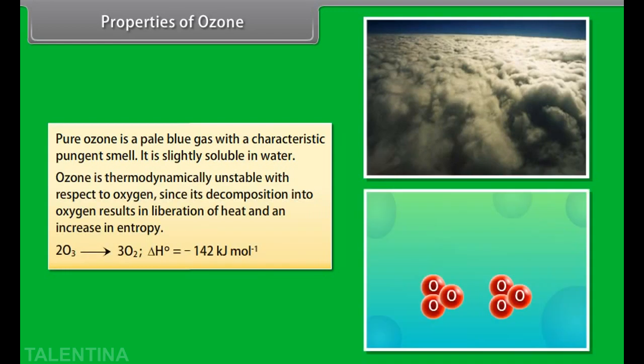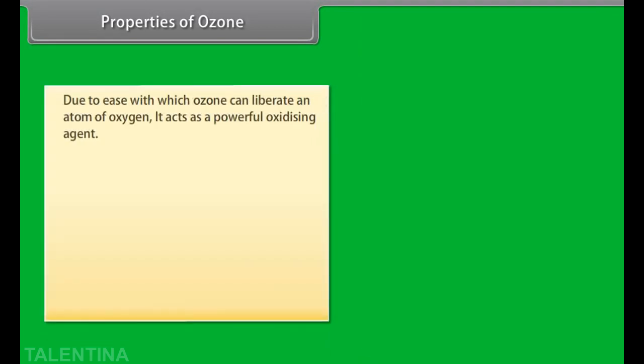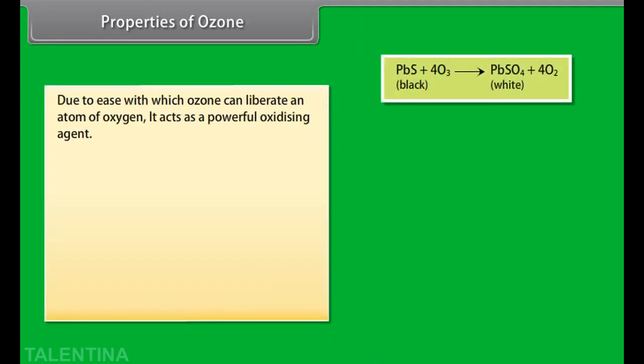Ozone is thermodynamically unstable with respect to oxygen, since its decomposition into oxygen results in liberation of heat and an increase in entropy. Due to the ease with which ozone can liberate an atom of oxygen, it acts as a powerful oxidizing agent.